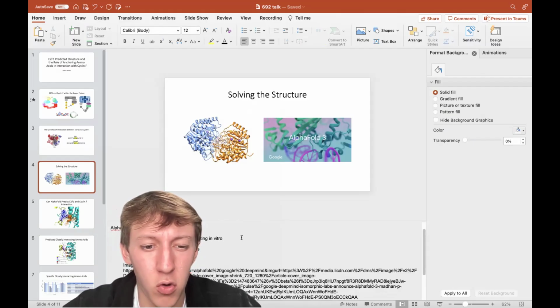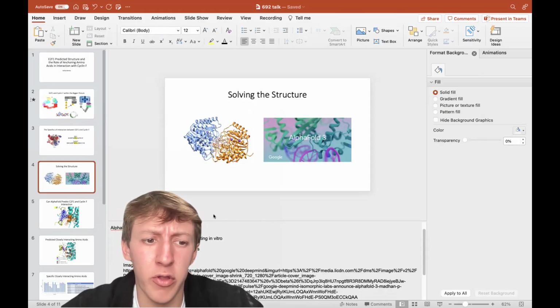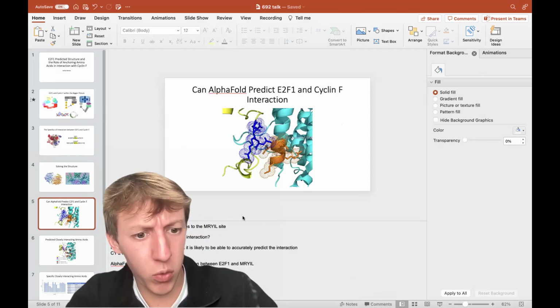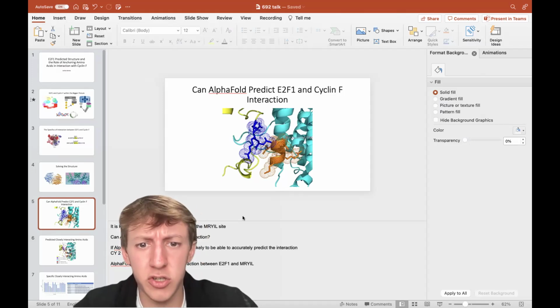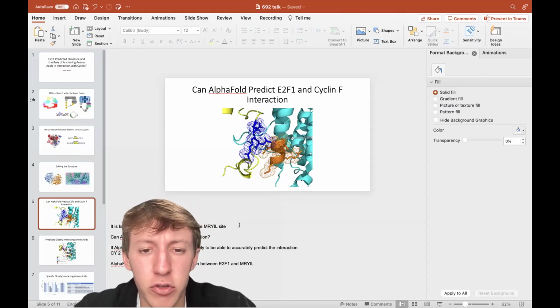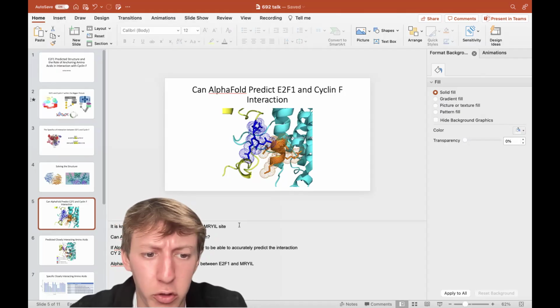These interactions are only predictive, and so we can't tell for certain whether this will actually be happening in the cell. And so the first major question that I was wondering when I started to tackle these questions was, can AlphaFold accurately predict this interaction? It's known that the Cy motif 2 localizes to the MREL in the literature.